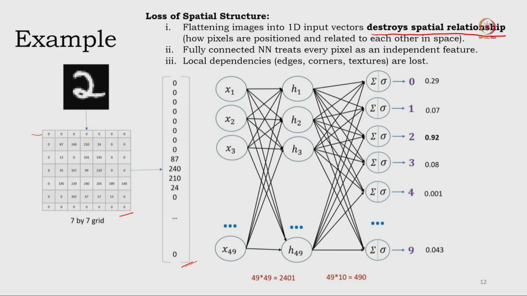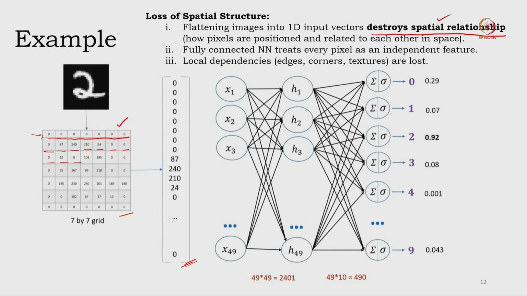In the first row, we have all zeros. In the second row, we have 0 followed by 87, 240, 210, 24, 0, 0. In the third row, we have 0, 13, 0, and so on. Whatever the position of the pixel values in this matrix representation, the minute we convert it into a single vector, we lose that position. This is how we destroy the spatial relationship.